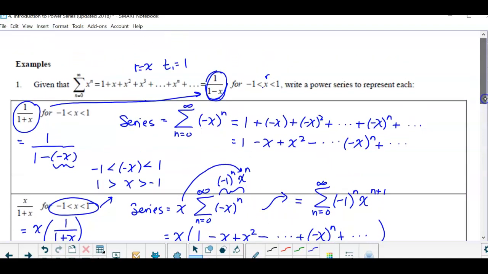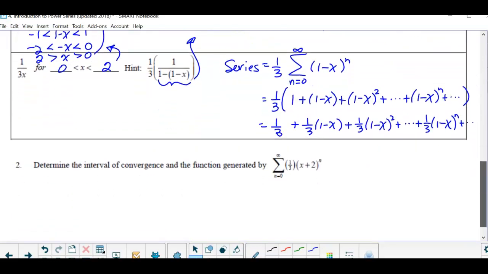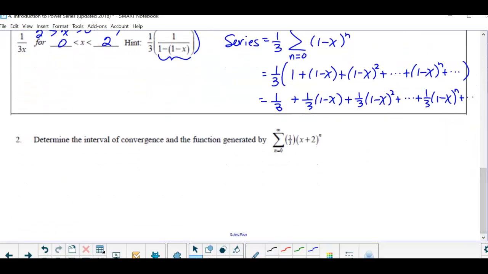Now, if we had started at a different n value, then your first term wouldn't be 1, right? But these usually start at n equals 0. Here's another series, interval of convergence for this function here. What's changing? Think about what you're multiplying each time if you were to find all of the terms.